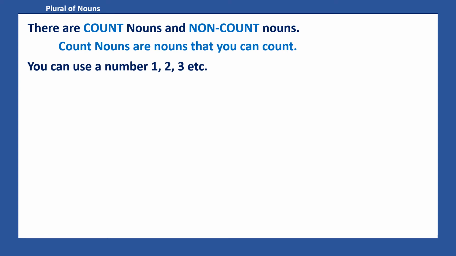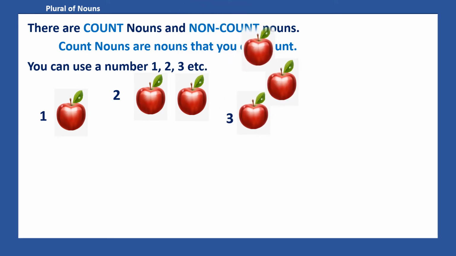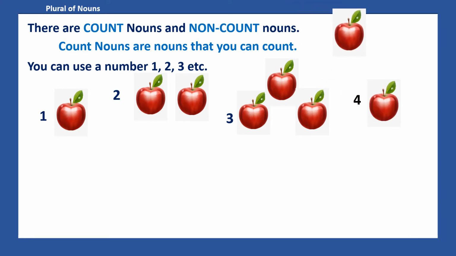You can use a number before the noun, 1, 2, 3, etc. For example, 1 apple, 2 apples, 3 apples, 4 apples.